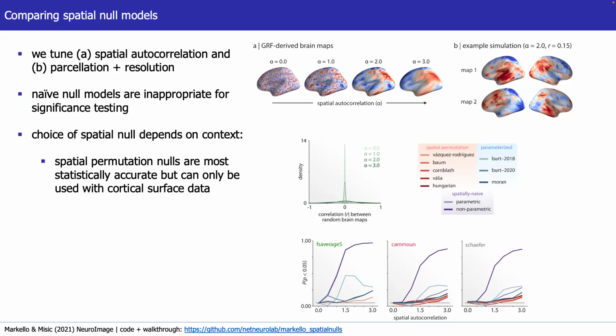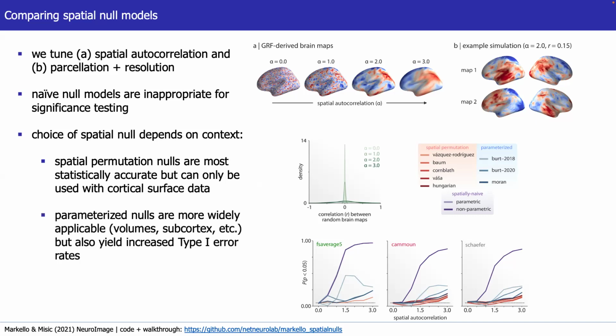If you're working with volumes or you're working in subcortex or something like this, your only choice is to go with the parameterized nulls, but you're going to have greater type 1 error rates there. But the silver lining is that these spatial nulls seem to perform identically across atlases, across resolutions, and so on. So you don't need to worry about matching the null to the parcellation that you're using.